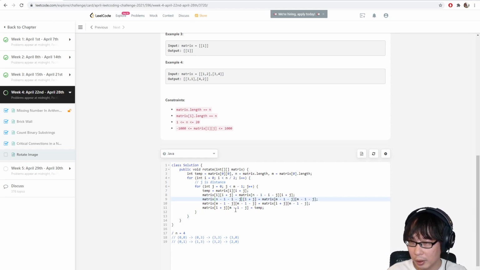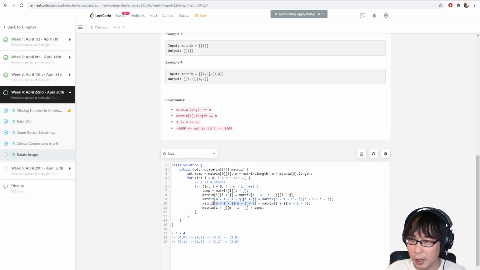So this one will become the same row, but n minus 1 minus i minus j. I am so confused.